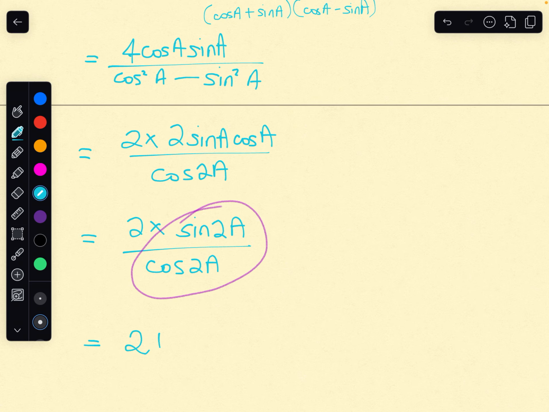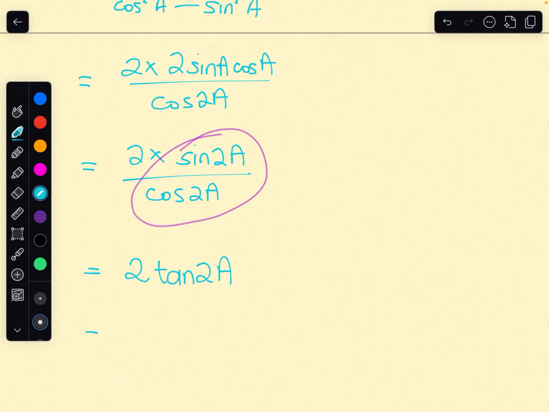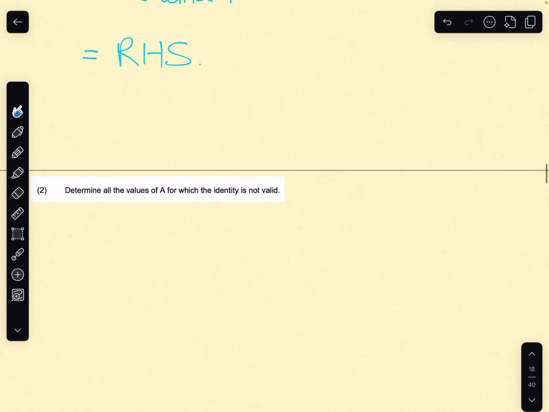So that would be the same as 2 tan of 2A. And from there, we say that is the same as the right-hand side. And that's that. Identity proven.